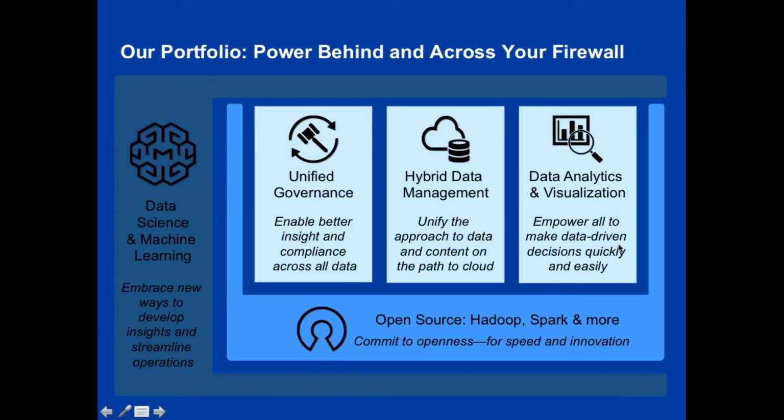So now I want to go over some of the portfolio that IBM has in its arsenal and something that we help our clients with, whether you're looking at anywhere from a back-end database, whether it's on cloud or on-prem, where you want to get your entire database into one environment and have unified governance, or you're looking at just data visualizations as well as data science and machine learning. Everything built in.